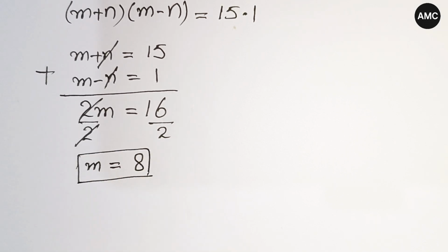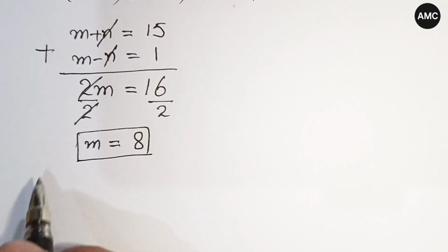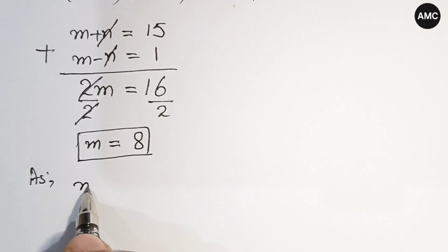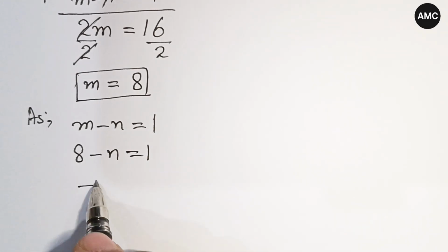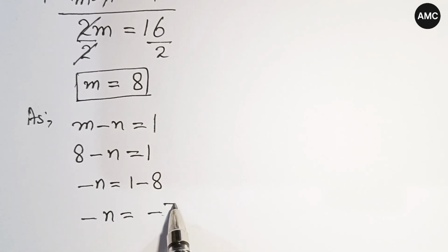Now for finding the value of n, we can use this value in any of these equations. So if we use m minus n is equal to 1, if m is 8, then 8 minus n is equal to 1. So here we have minus n is equal to 1 minus 8, then minus n is equal to minus 7.